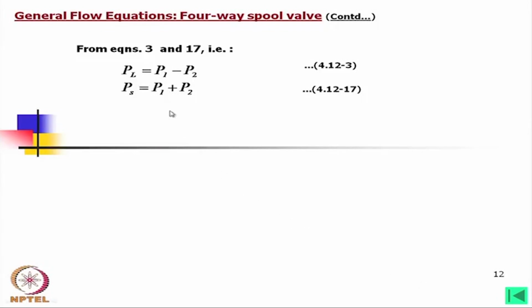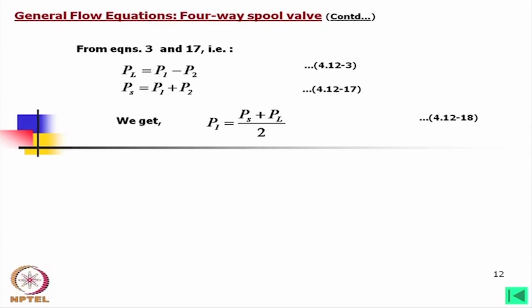So, from equations 3 and 17, these 2 equations, we get a very important equation that P1 will always be equal to (PS plus PL) by 2. Now, here I would like to mention we have taken a 4-way 3-land spool valve.